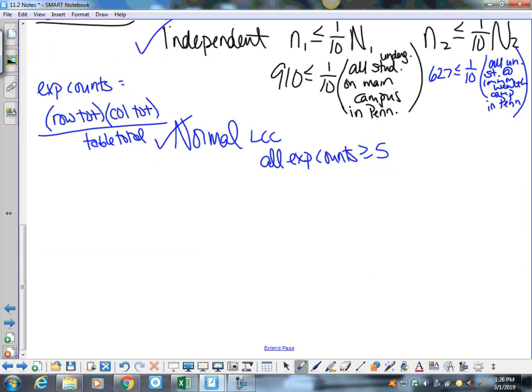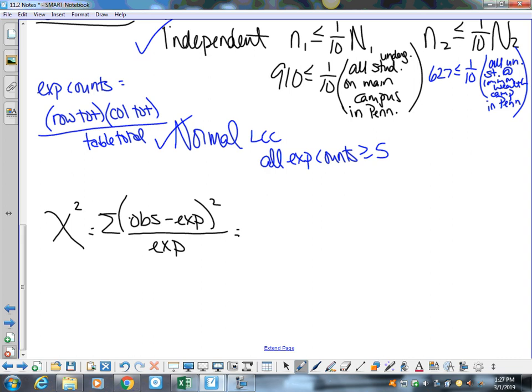What do I write next? My chi-squared. What's the formula for him? The sum of your observed minus expected squared over your expected. And then what painful thing do I have to do on paper? I got to give 2 at the beginning, little dot, dot, dot, and then 1 at the end.